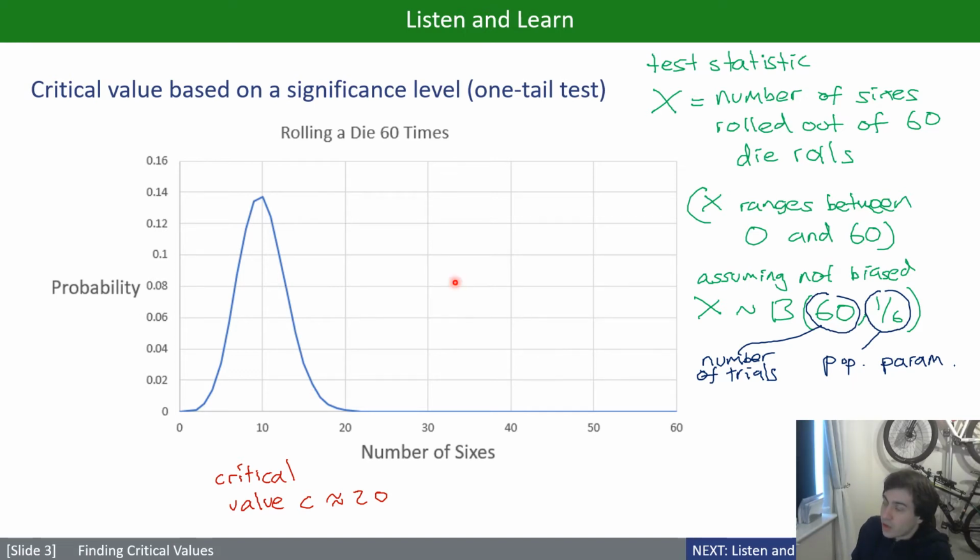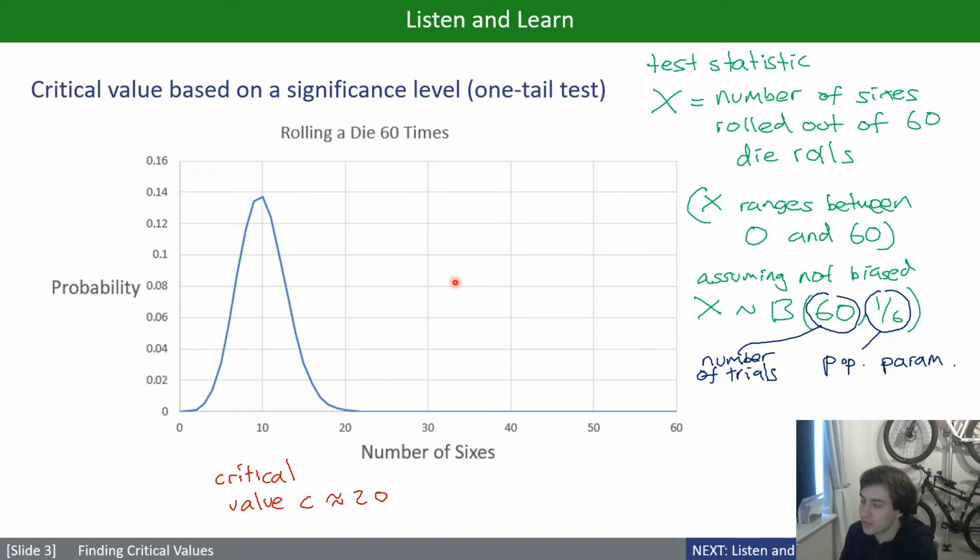So what we're going to do is define it based on a significance level. We learned about significance level before. A significance level will be a percentage, such as 1 or 5 or 10, and the question will usually give it to you.